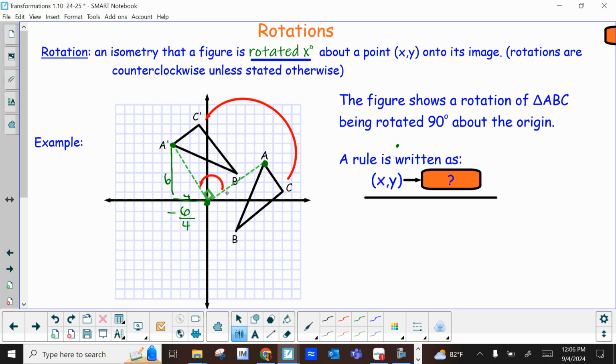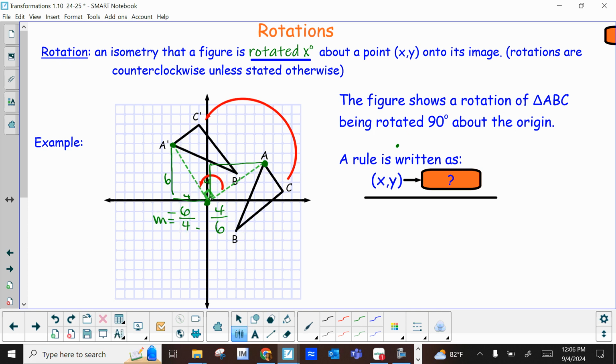Now look at the slope of this line. This slope goes over 6 down 4. Okay, and so this has a positive slope of 4 over 6. Do you see how they're opposite reciprocals? And so you just learned that opposite reciprocal slopes are perpendicular lines. Okay, so that's how you know it's a perfect perpendicular.